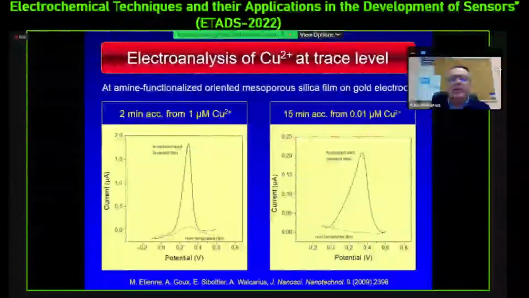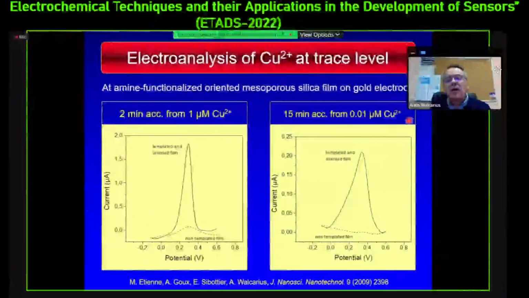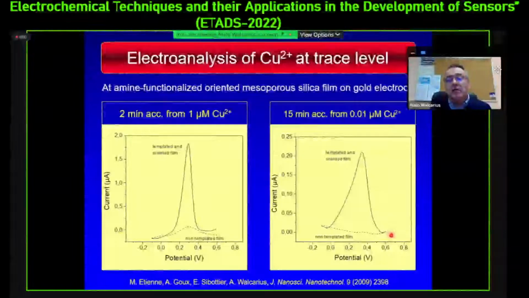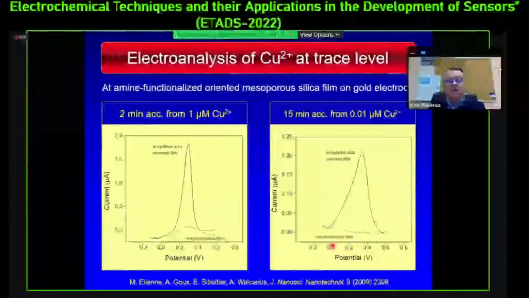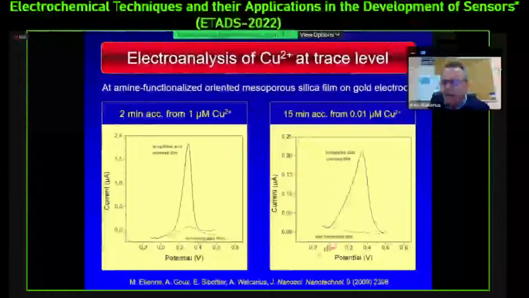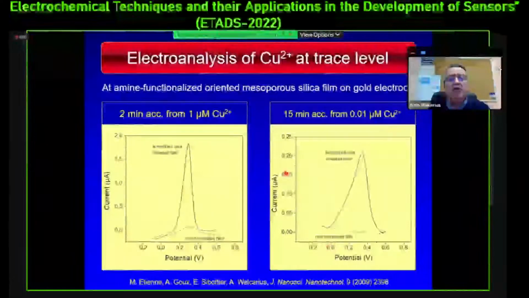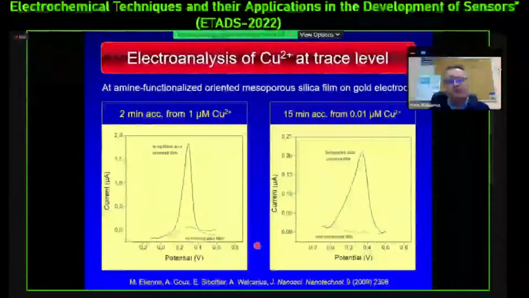And for trace analysis, for example, the analysis of 10⁻⁸ molar of copper, with a rather long pre-concentration time, you observe a well-defined signal at the ordered film materials and almost no signal for the non-templated films. And this confirms the interest of this very well organization and the orientation for fast transport and efficient pre-concentration.